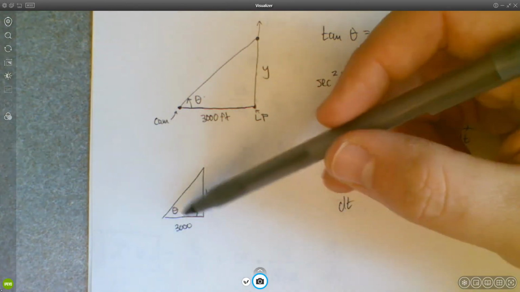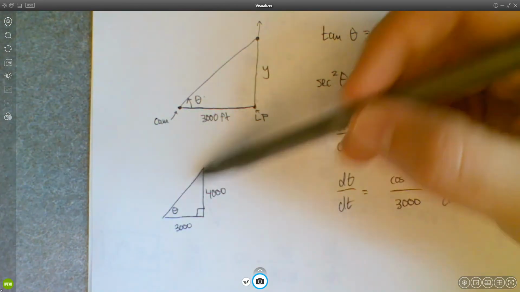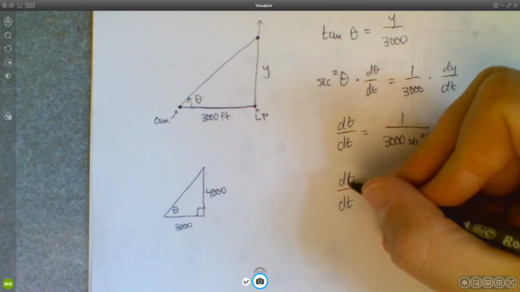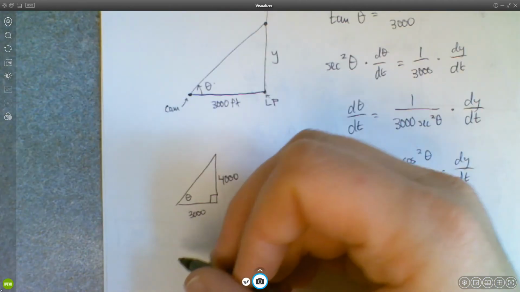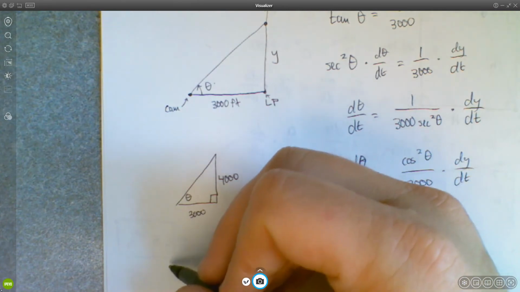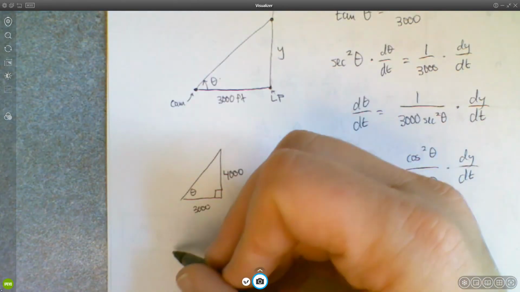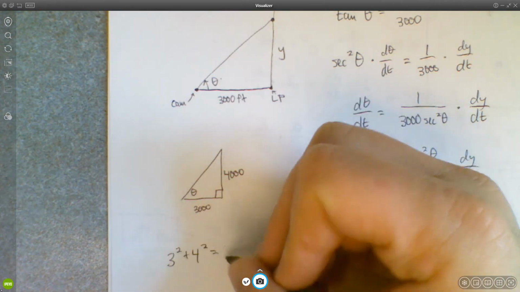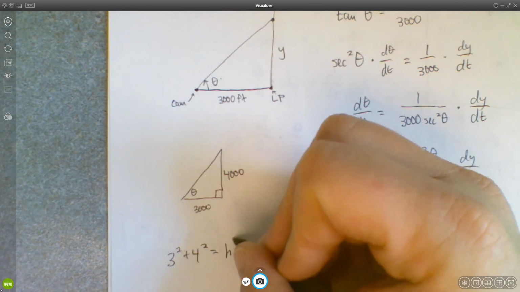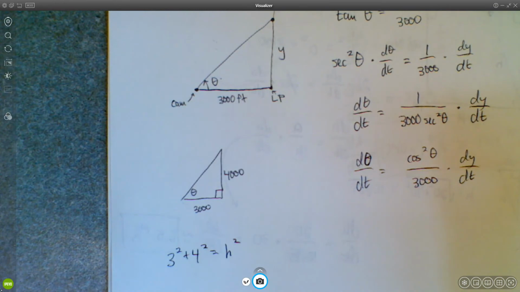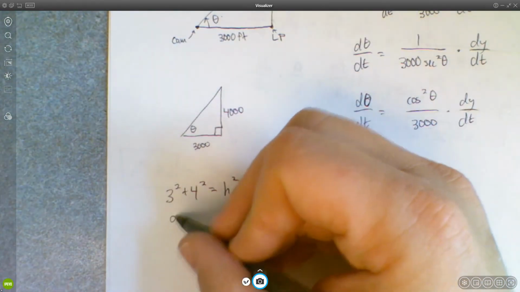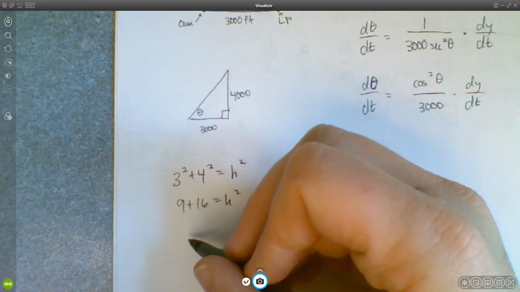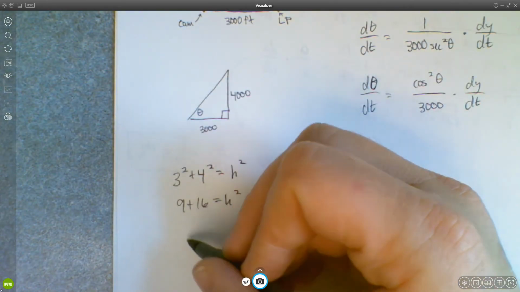To find cosine theta, I would have to know adjacent over hypotenuse, right? So I need to figure out what the hypotenuse is. So we'll do some Pythagorean Theorem. I don't want to use the thousands. I'm just going to say 3 squared plus 4 squared equals h squared. So 9 plus 16 is h squared. That's 25, right?